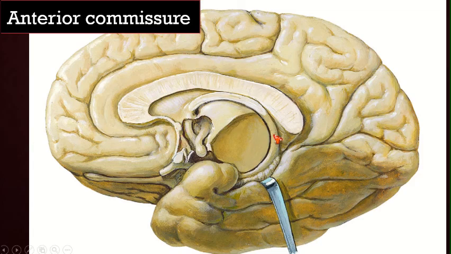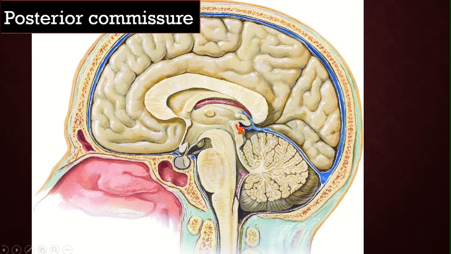Then moving to the posterior commissure. Let me show you the posterior commissure. The posterior commissure is a slender bundle of white fibers which crosses the midline through the inferior lamina of the stalk of the pineal gland. Can you identify this pineal gland over here? It is extending from the inferior lamina of the pineal gland. This thickened part is called the posterior commissure.